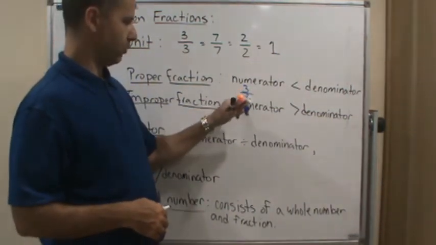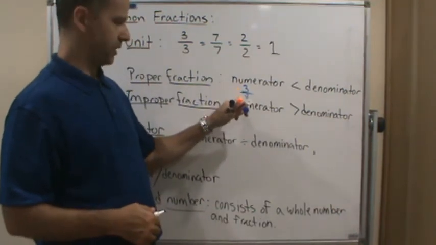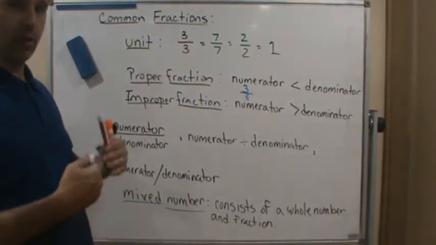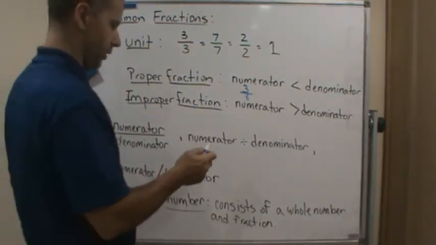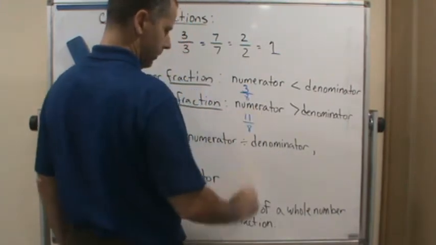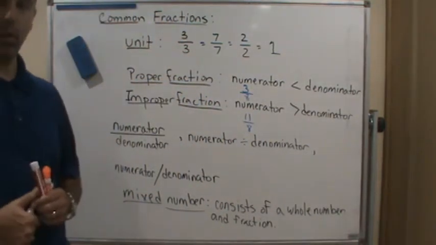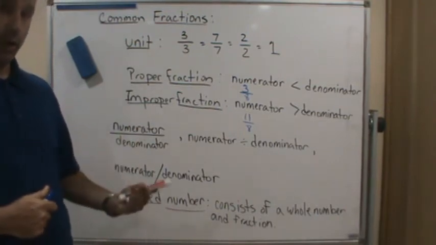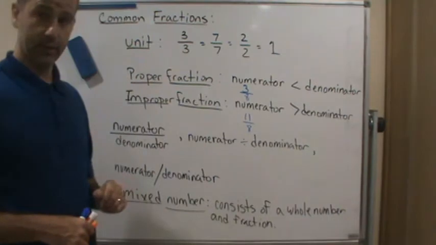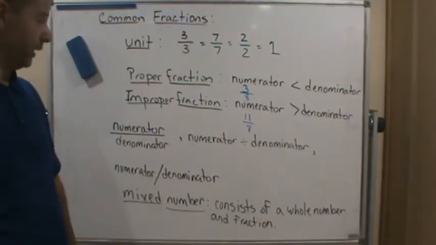Whereas an improper fraction represents more than 1 unit. For example, I could say 11/8, because now I have more than 1 unit, since the 11 on top is more than 8. That means I have more than just 1 unit.